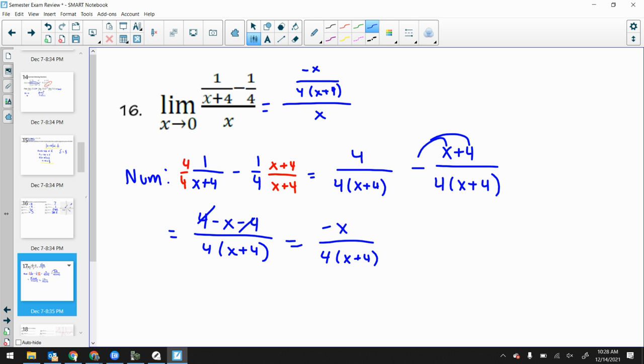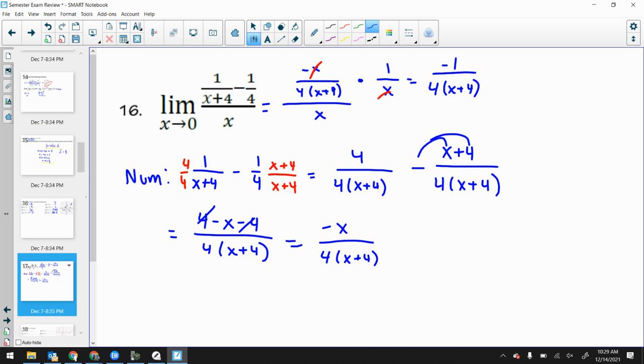Now I'm going to turn this division into a multiplication, multiplying by the reciprocal, which is 1 over x, and cancel out that x. Which will leave us with negative 1 over 4 quantity x plus 4.